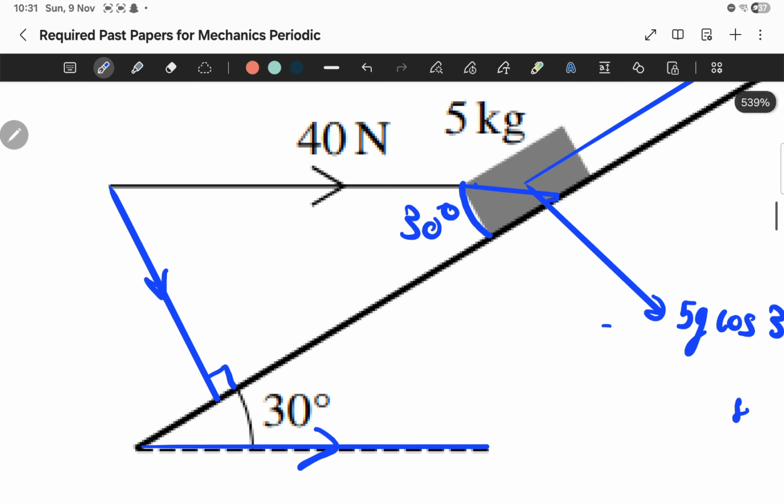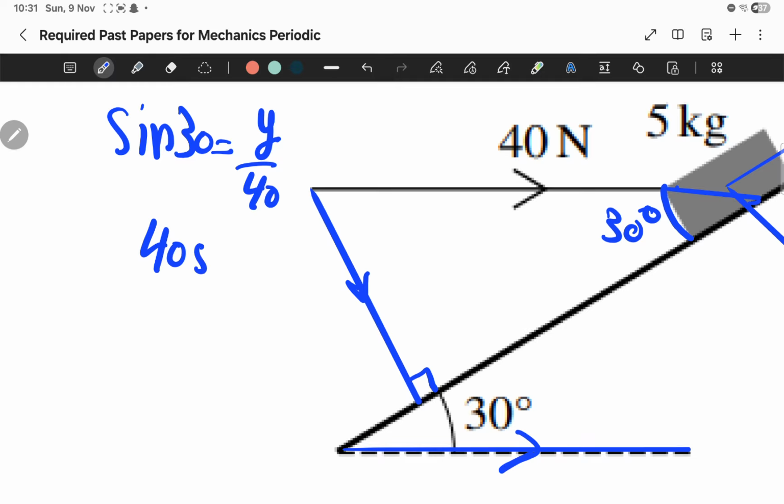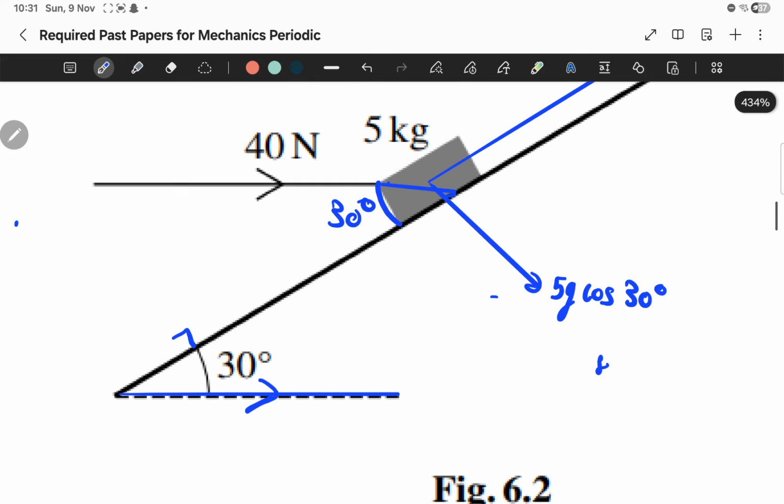we're gonna remove this because it's an extra line I don't want. Okay, for this, you have opposite over the hypotenuse. So sine 30 is equal to y over 40. So y is equal to 40 sine 30. Right? So now I don't need this arrow, and I don't need this arrow because we've resolved it. It's no use to us anymore.